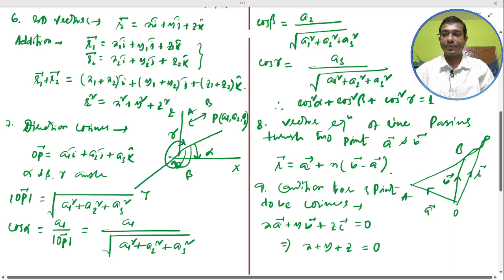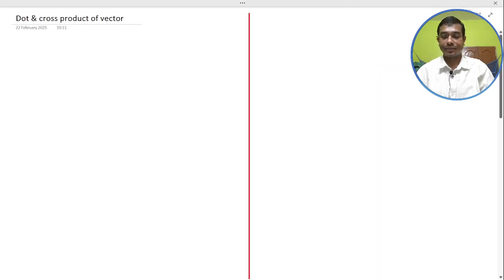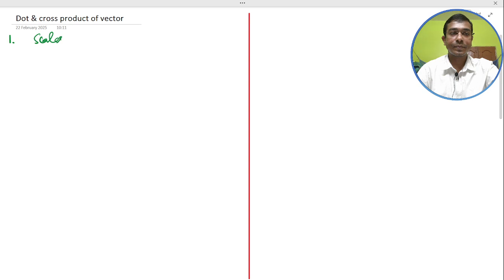Next, dot and cross product of vectors. Number 1, scalar or dot product. This is called the inner product.